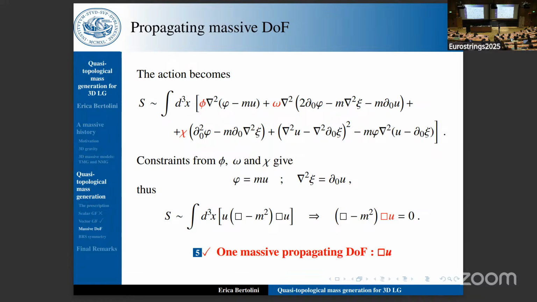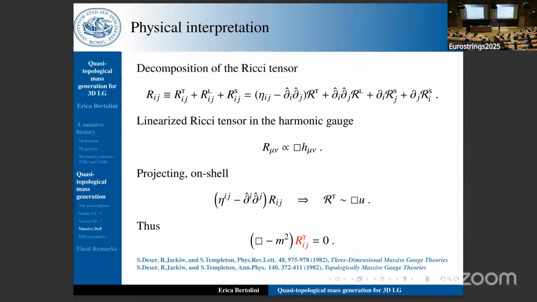But what is this physically? We can do the same decomposition on the Ricci tensor, for instance, and see that in the harmonic gauge, which is the one we are considering and the one that restores the breaking of the gauge symmetry, this box of U, the D'Alembertian, is related to the transverse part of the spatial Ricci tensor.